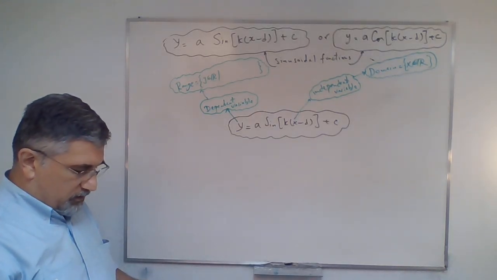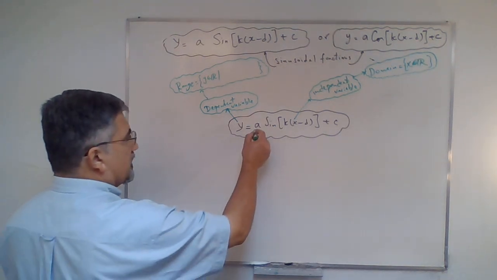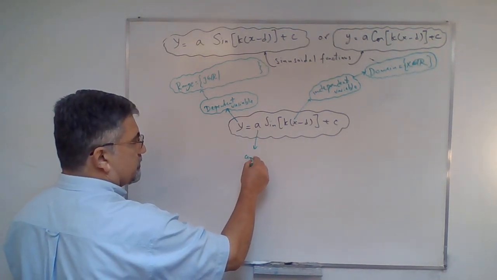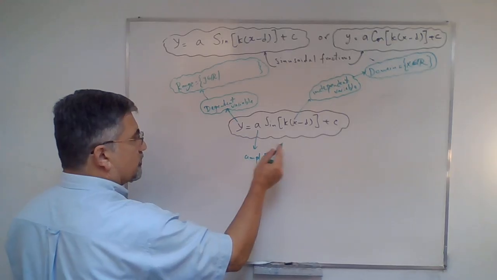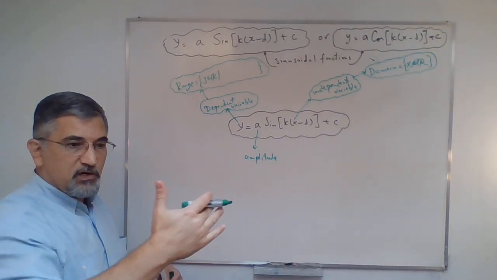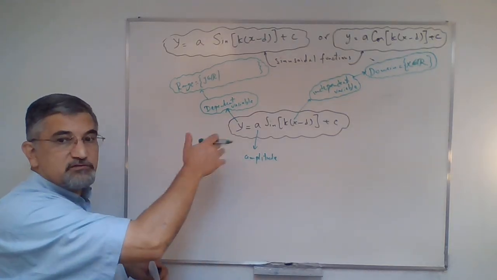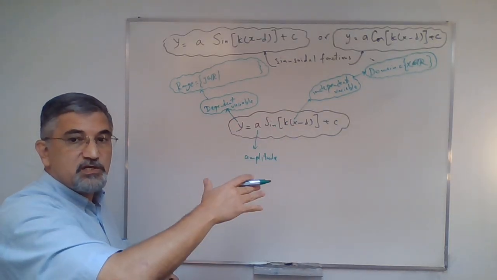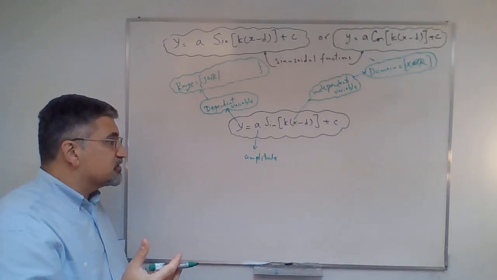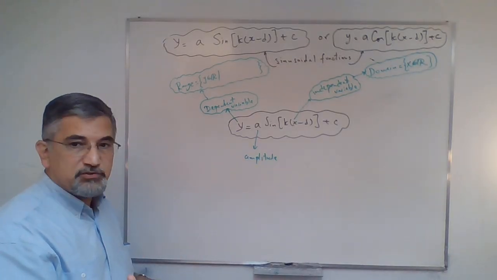Then the other letters, we start with A, perhaps. A represents the amplitude, but we know that A sometimes is negative due to the existence of a reflection in the x-axis. So maybe the function is -2 sine of something, or -3 sine of something. So if A is -3, we cannot say amplitude is -3, because amplitude is always positive.